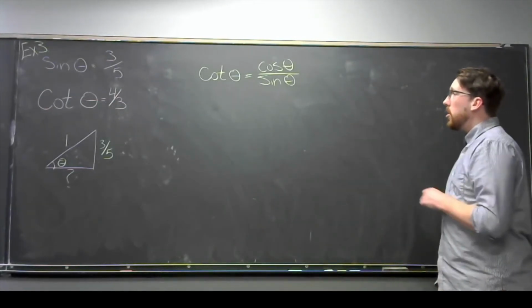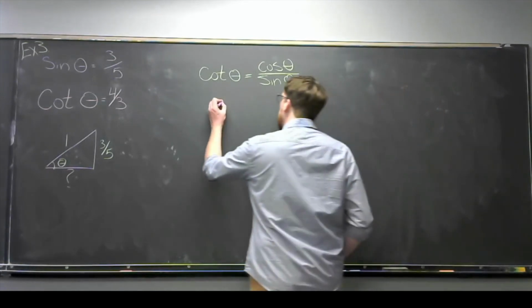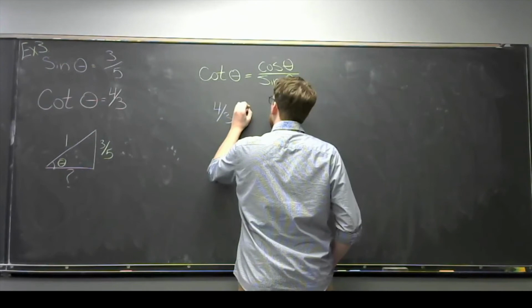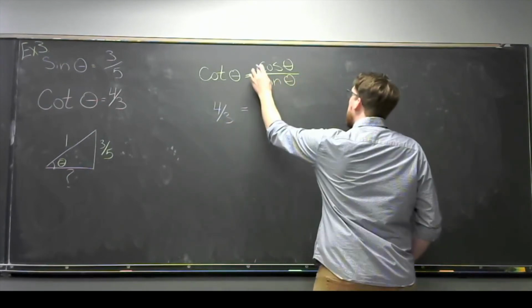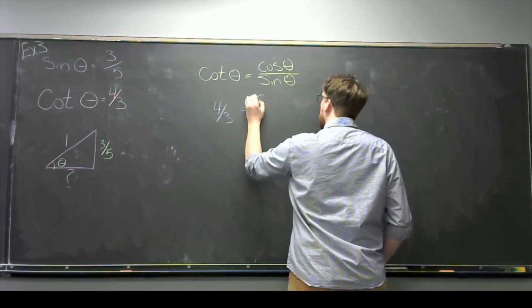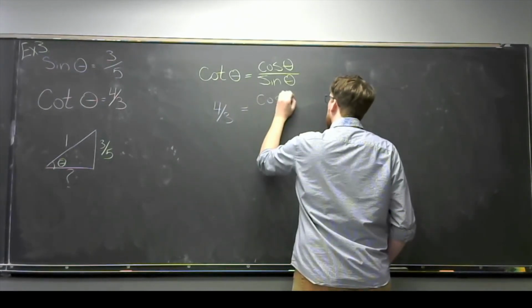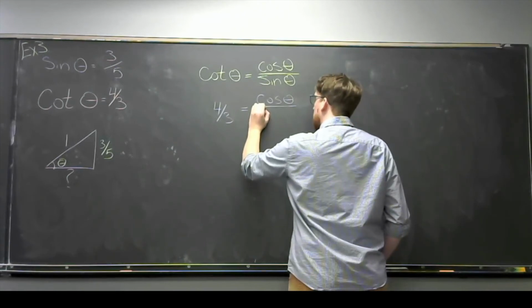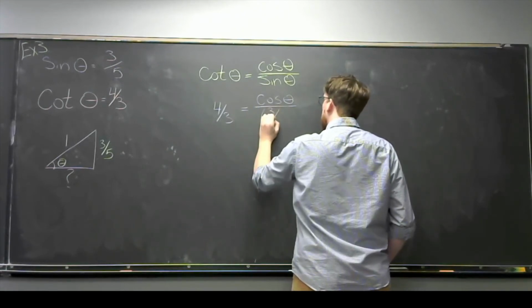And we know that cotangent is equal to 4 over 3. And we know that sine is equal to 3 over 5.